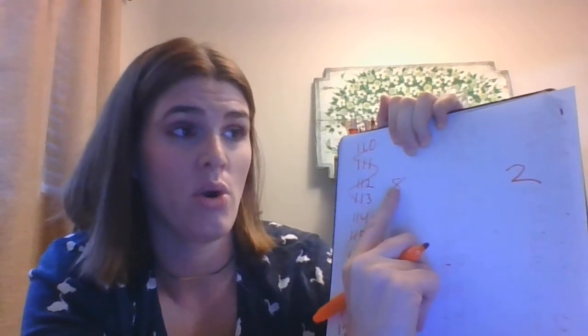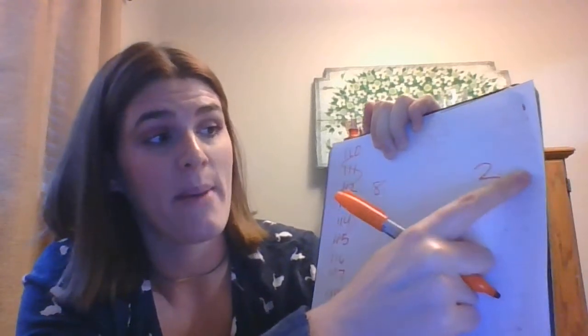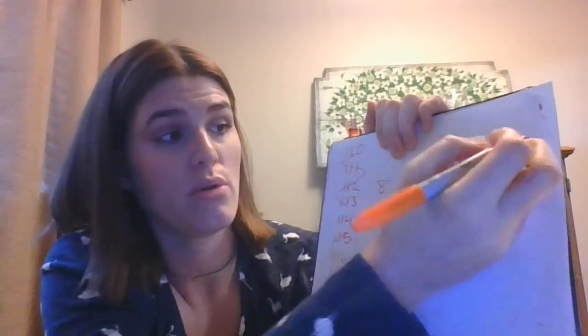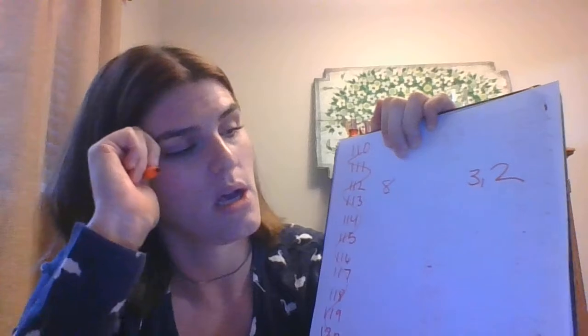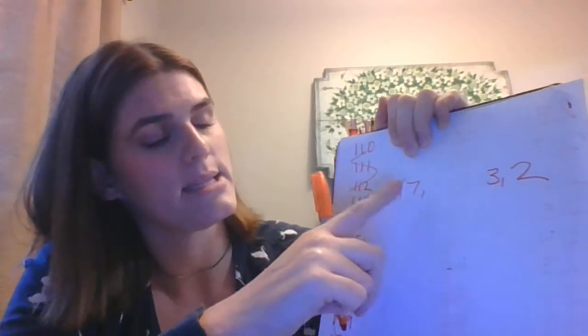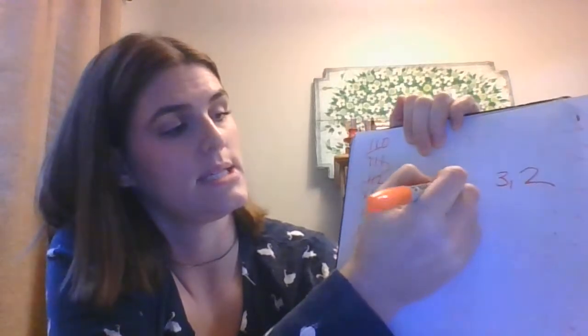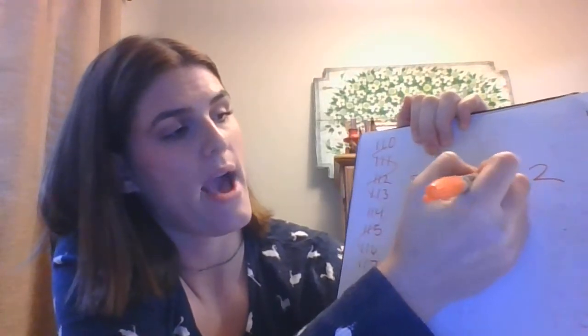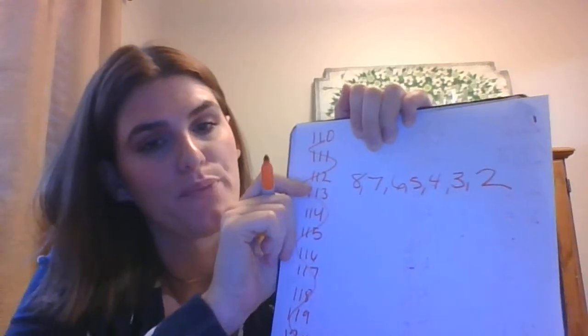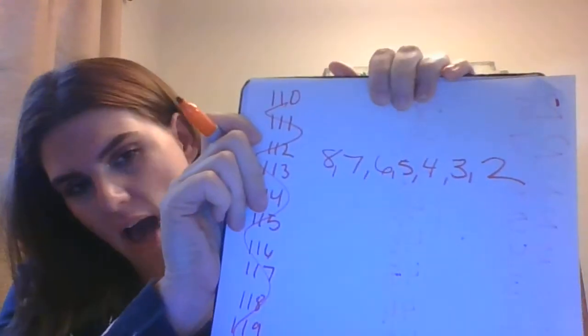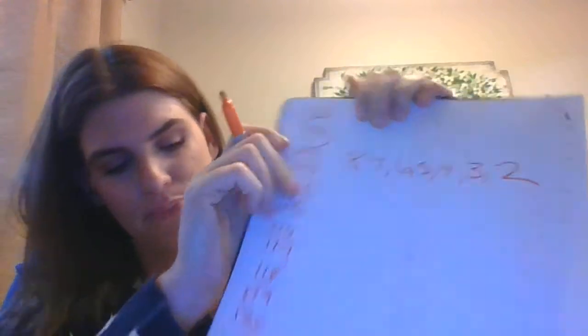So 8, I know if I'm counting on to 8 from 2, I'm going to go 3 because that's right next to it, right? And then I know 7 is smaller than 8, so I'm going to put 7 right there. 8, 7, 6, 5, 4, 3, 2. If you got that, you are correct. Great job. Next one.